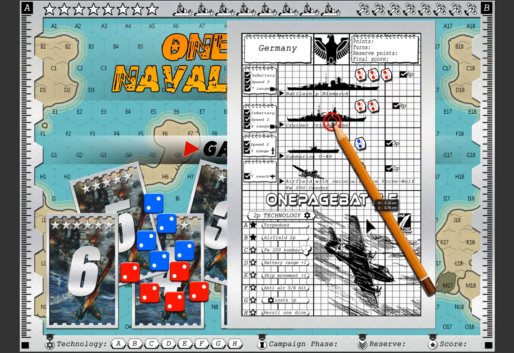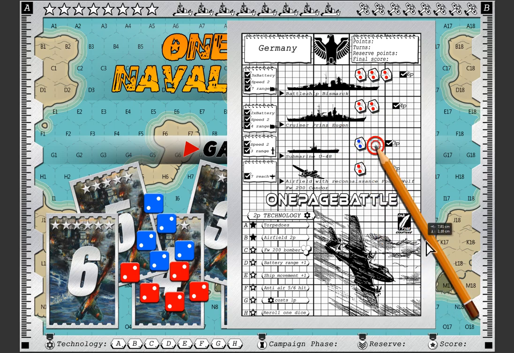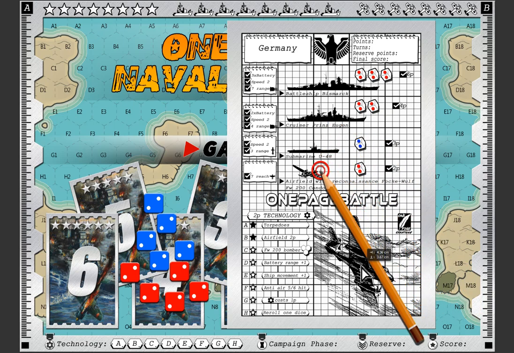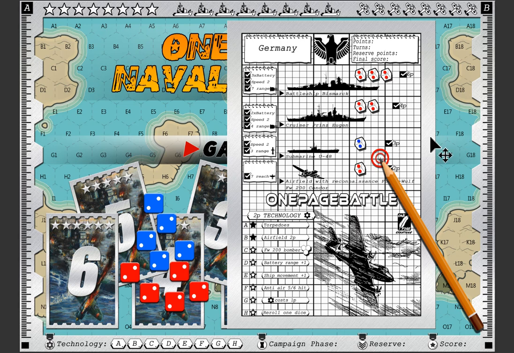If you would like to deploy cruisers, then you need to have 4 points in your reserve or available for your deployment. Submarines, you need to have 3 points for each submarine, and an airfield will cost you 2 points. I think it is very important to know this information. That's why every player can check the help sheet for the nation.